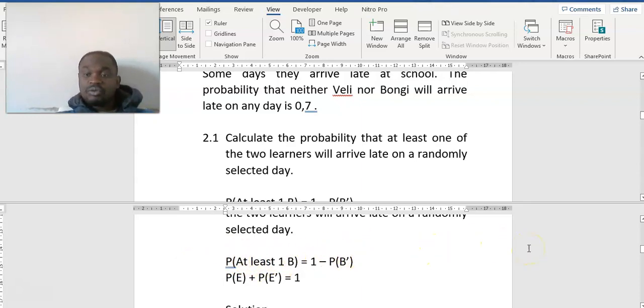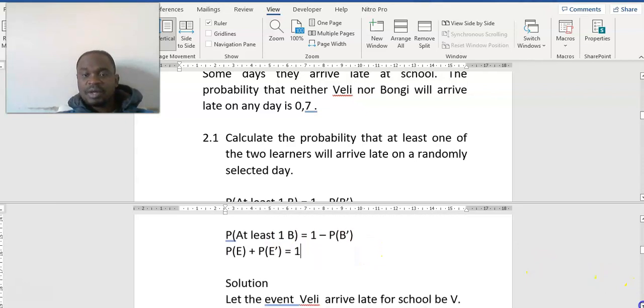Alright. Okay, so we are going to use this idea, especially the first one here, to answer this question. They said calculate the probability that at least one of the two learners will arrive late on a randomly selected day. So we try to use this one. Let's see how we are going to answer that one.